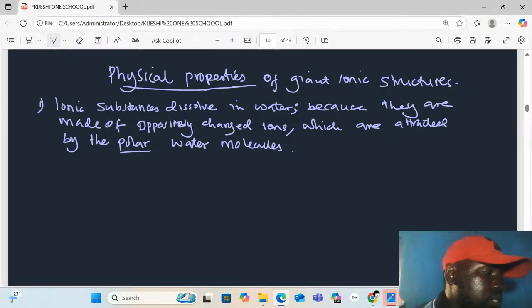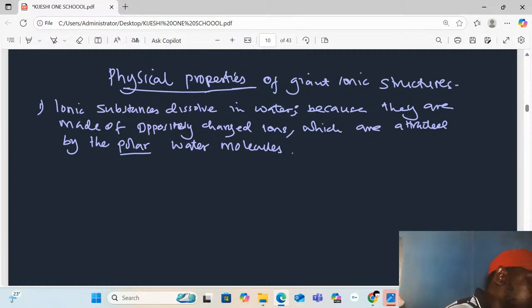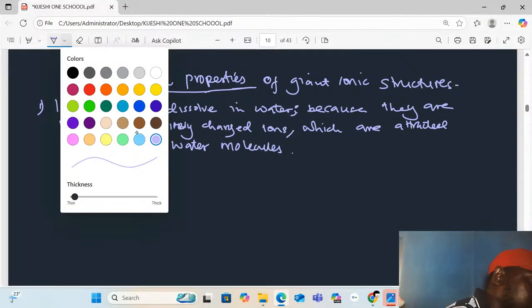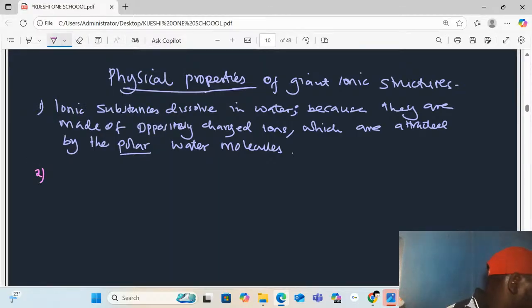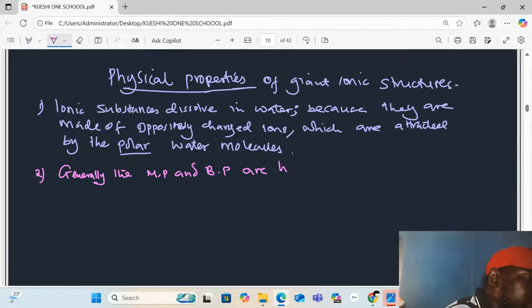Property number two: we have seen that generally the melting points and boiling points are high. We now need to explain why.